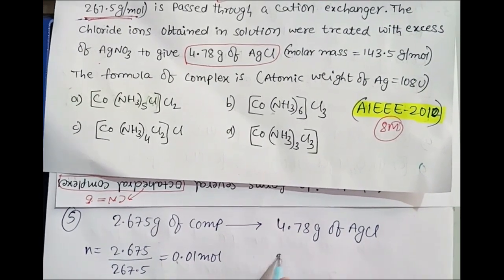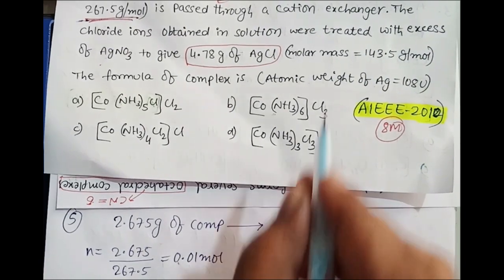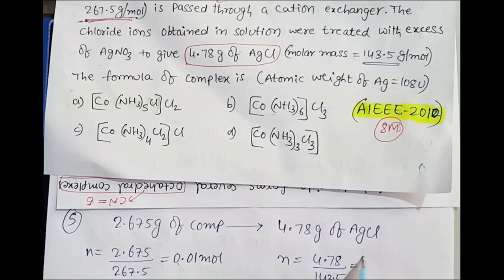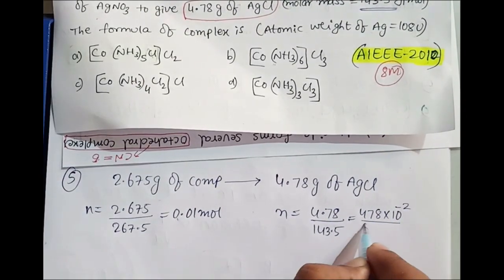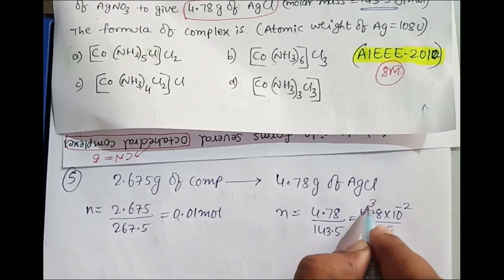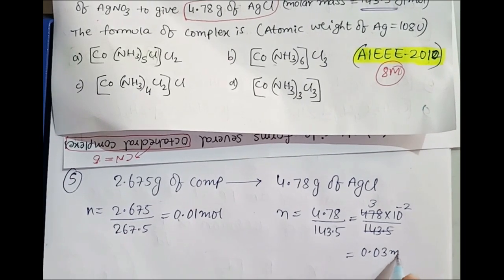Now convert this: given mass is 4.78 gram, and molar mass is 143.5. So it is 478 into 10 power minus 2 divided by 143.5, which is approximately 3 times 10 power minus 2, so 0.03 mole.